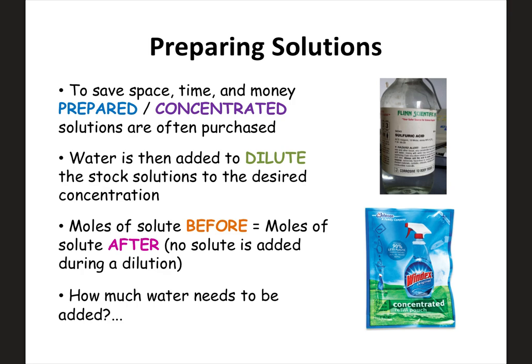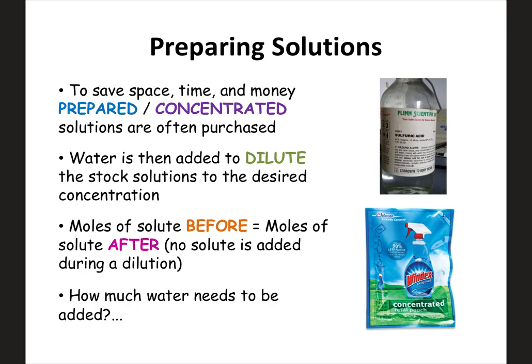A lot of labs, we might use 1 molar hydrochloric acid, maybe 3 molar or 6 molar hydrochloric acid. So the key is we buy a very concentrated form of hydrochloric acid, which doesn't take up much space. And then we add water to dilute the stock solution to get the desired concentration here. So I take a certain amount of the 12 molar, add a certain amount of water, and then I can get 1 molar hydrochloric acid.